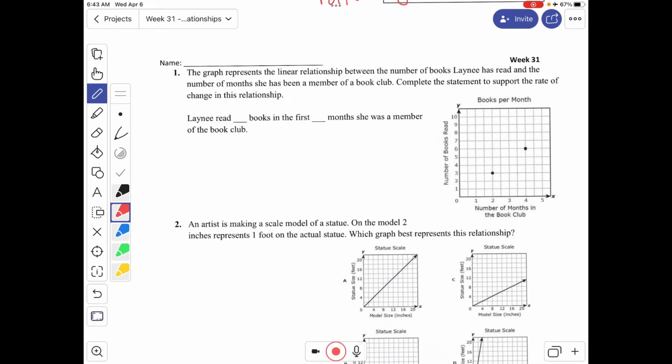Number 1, the graph represents the linear relationship between the number of books Lainey has read and the number of months she has been a member of a book club. Complete the statement to support the rate of change in this relationship. Lainey read blank books in the first blank months she was a member of the book club.